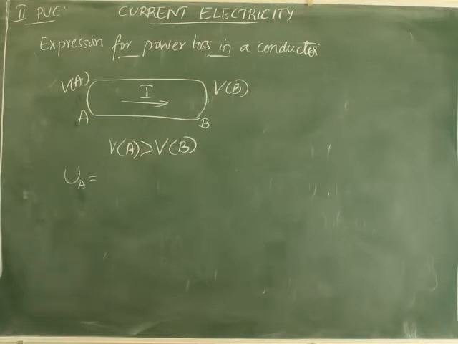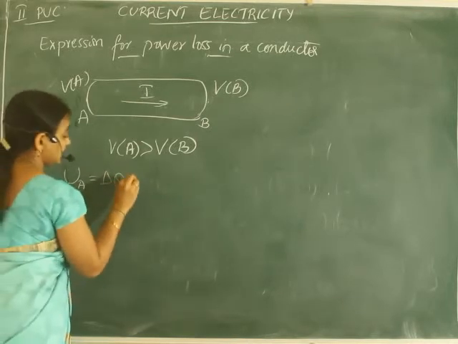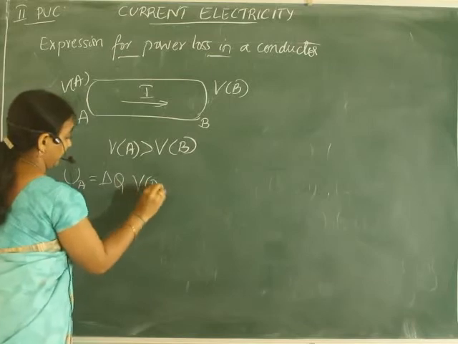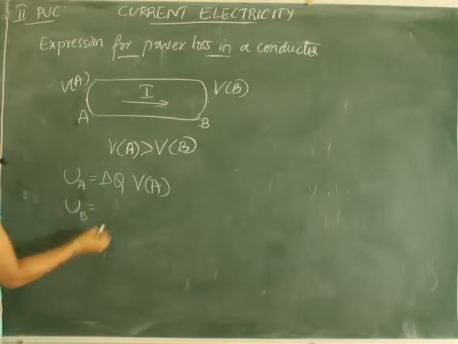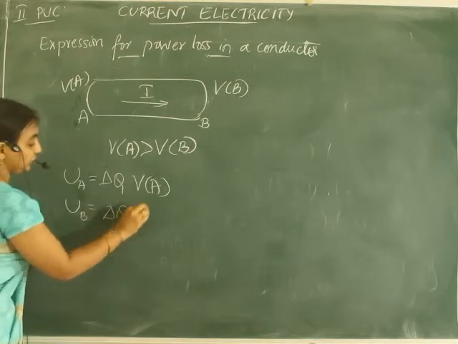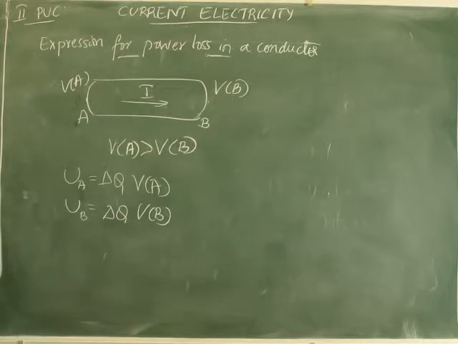Potential energy is nothing but potential into charge, correct? If delta Q is the charge, then U_A is delta Q into V of A. Potential energy at B is charge into potential at B, because U is equal to QV, correct? This is the expression for potential energy.